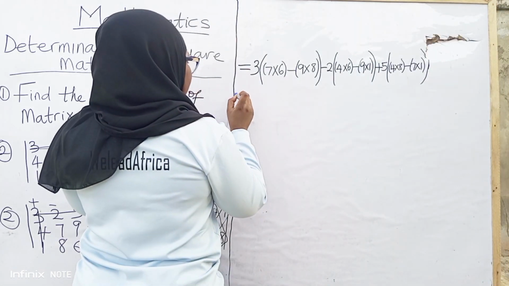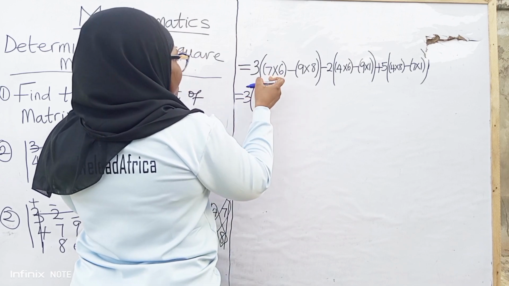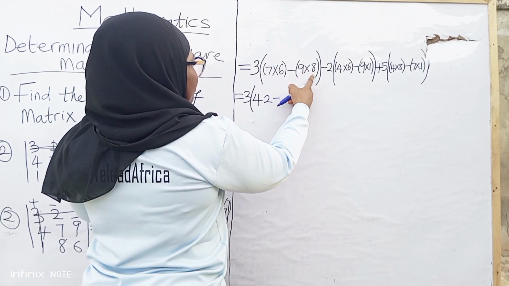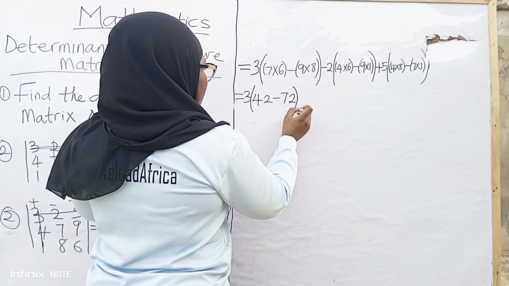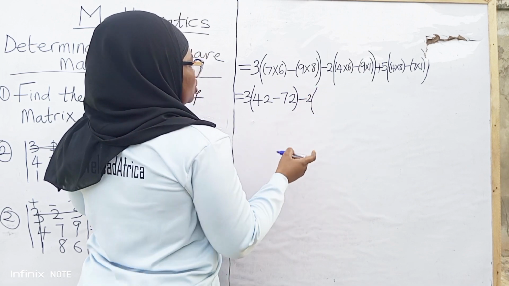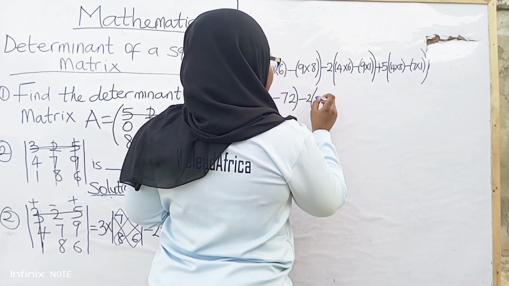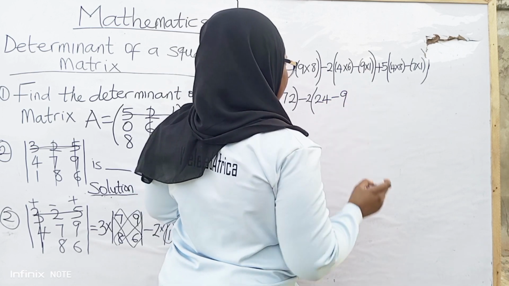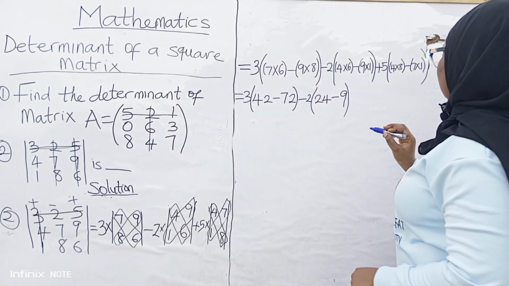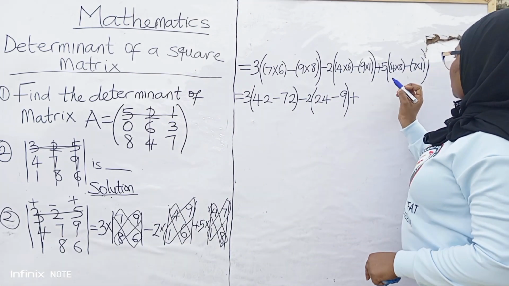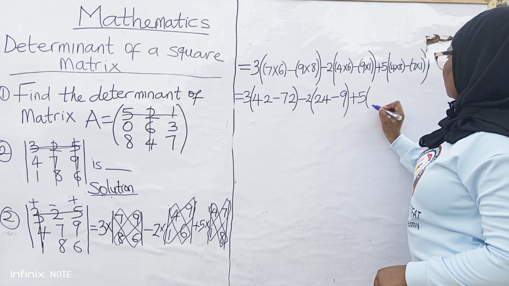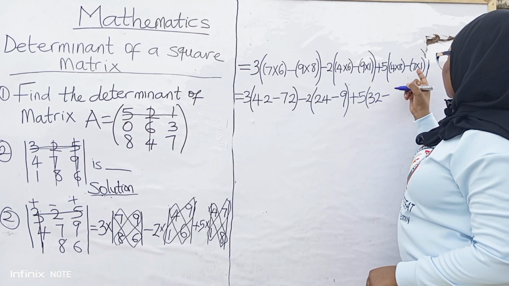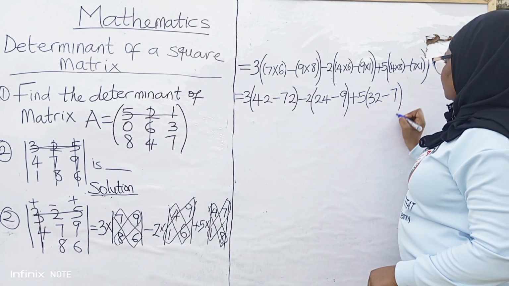So come here, you have is equal to 7 multiplied by 6 is 42, minus 9 multiplied by 8 is 72, minus 2, then 4 multiplied by 6 is 24, minus 9 multiplied by 1 is 9, plus 5, 4 multiplied by 8 is 32, minus 7 multiplied by 1 is 7.